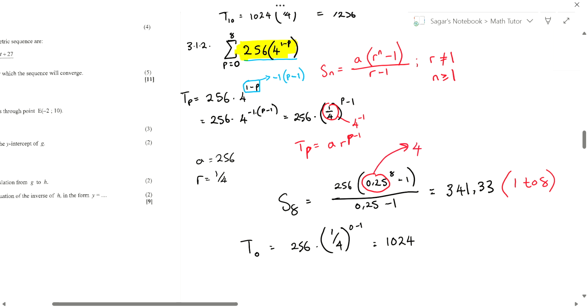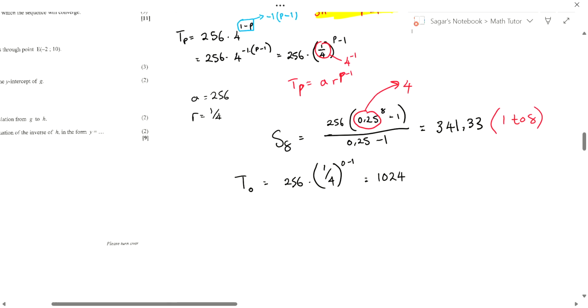That will give us a different solution. So that is why we have to standardize first and then use your summation formula. We also have to remember that it's only valid at these conditions, from 1 to any number ahead of it.